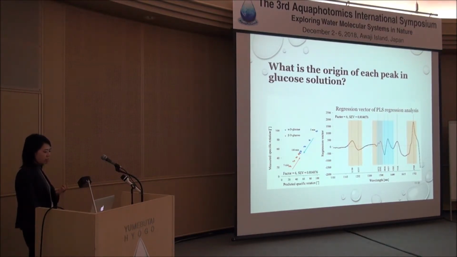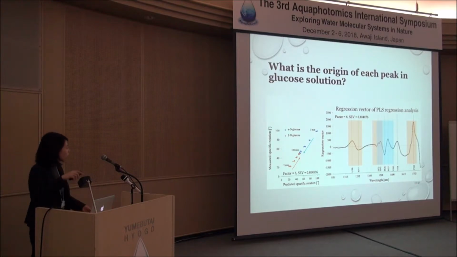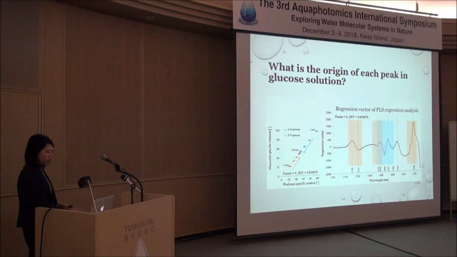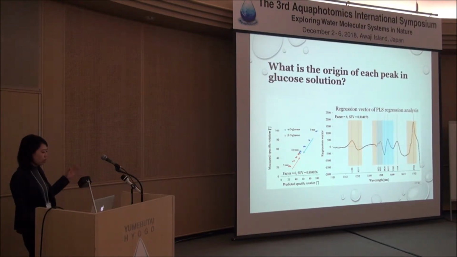But actually, there are several reports about structural change between glucose anomers, for example, on the exocyclic CH2. So at first sight, I guess these bands originated from the exocyclic CH2, because this spectral pattern is similar to the CH2 asymmetric and symmetric bands.